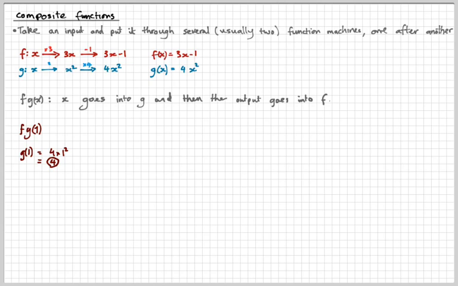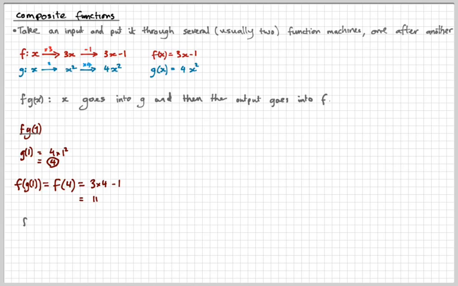So we take that answer of 4 and put it into f. When you put 4 into f, you times 4 by 3 and subtract 1, so the answer is 12 minus 1, which is 11. Just to go through that again, you take 1, put it into g, get an answer of 4, then take that answer 4 and put it into f.